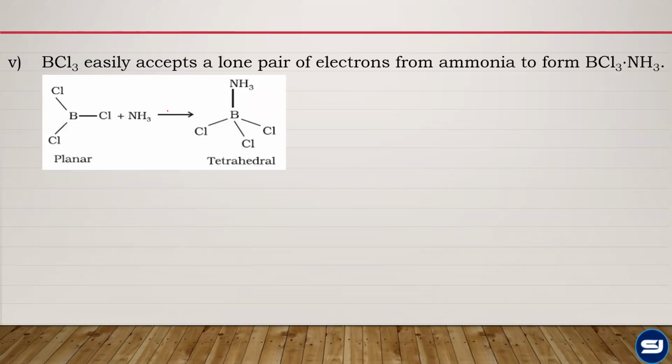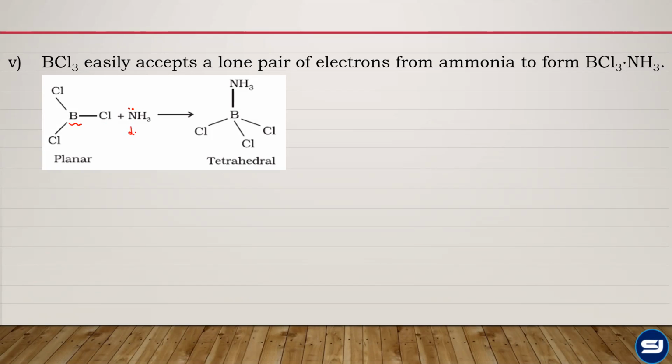Then BCl3, which is a covalent compound, accepts a lone pair of electrons from ammonia to form BCl3.NH3 complex. So now look at this reaction. BCl3 as a covalent compound adds up with ammonia, where nitrogen has an extra pair of electrons.